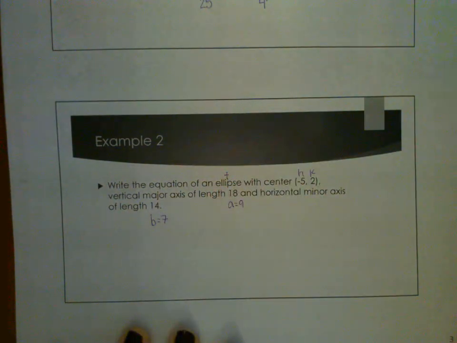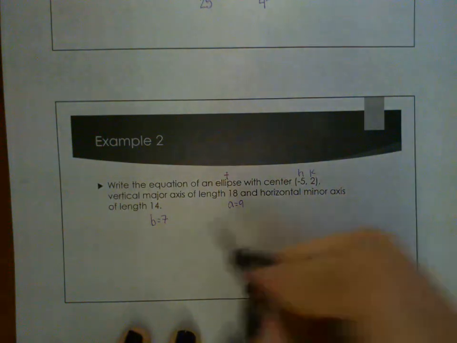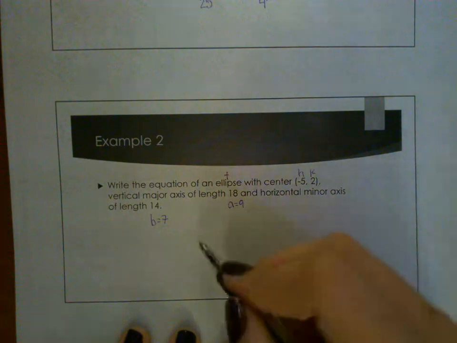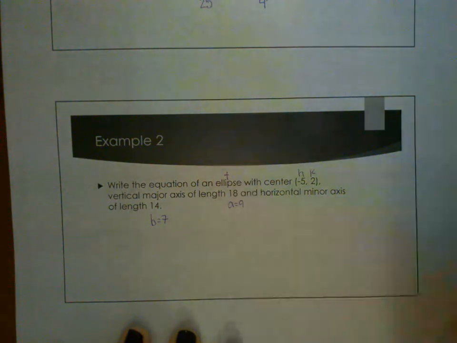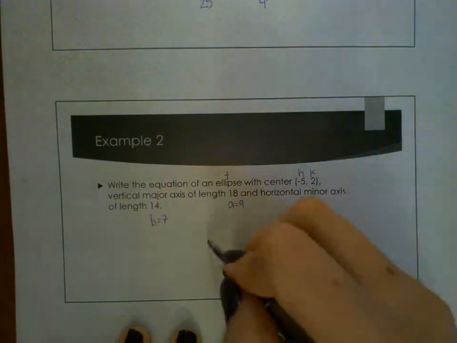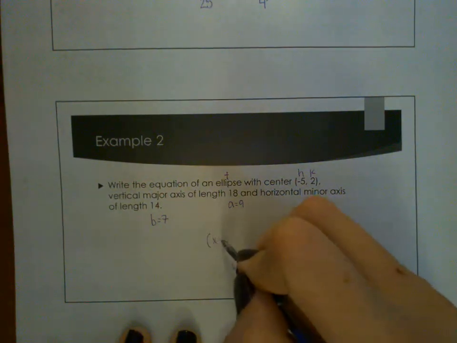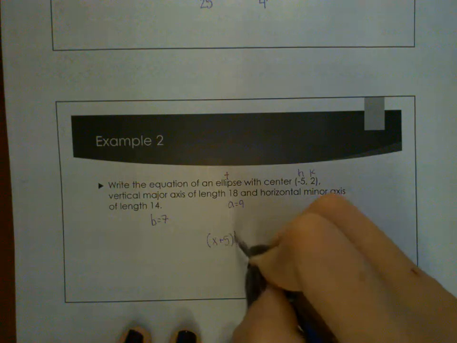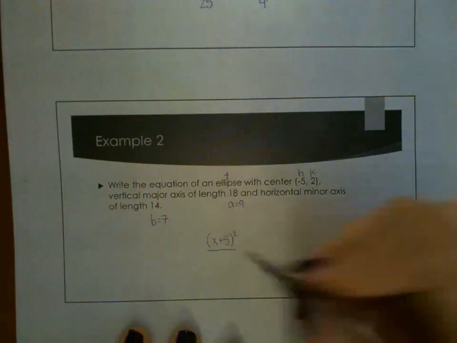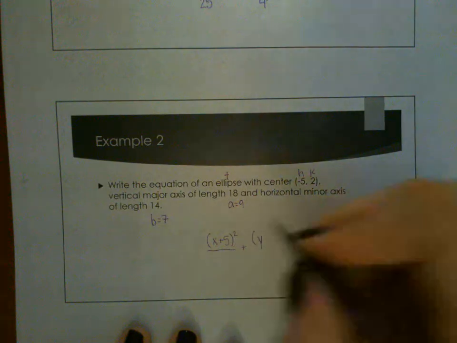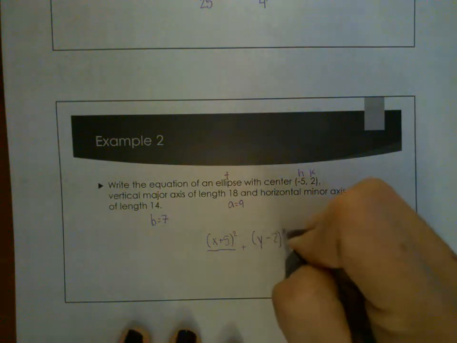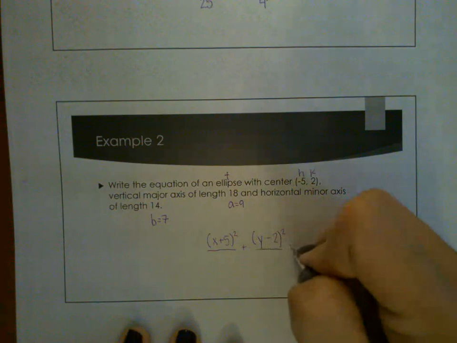Next, I would like for you to tell me, when we start setting this up, how would we write our equation? Go ahead and set up the whole equation. So we're going to have x plus 5 squared all over, and then plus y minus 2 squared all over equals 1.